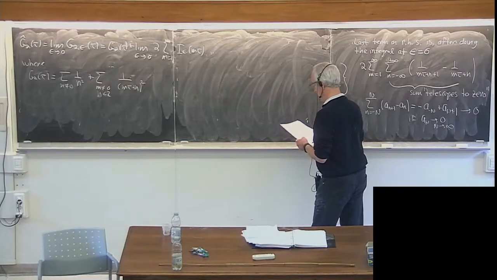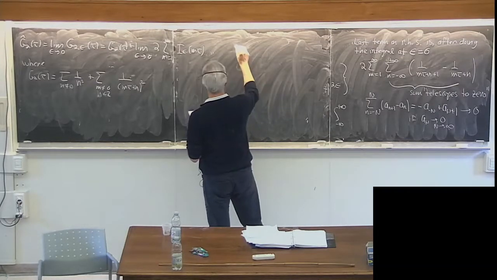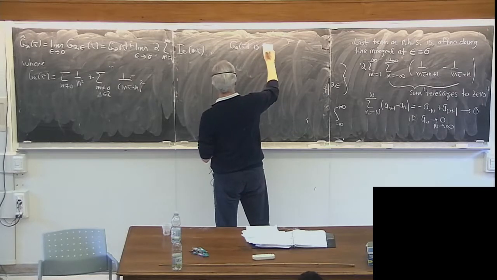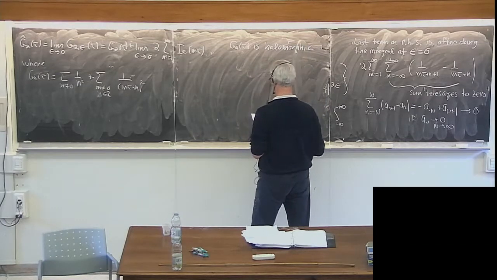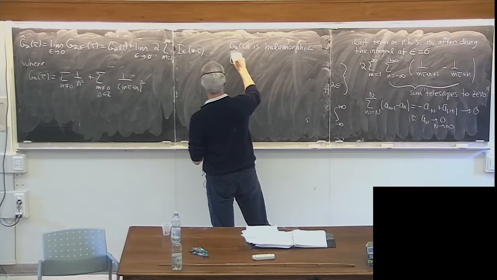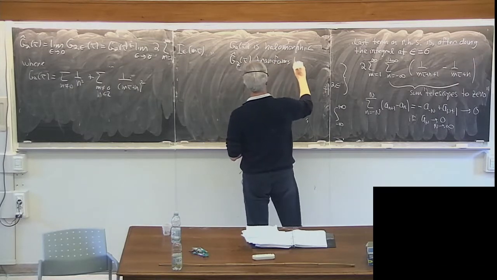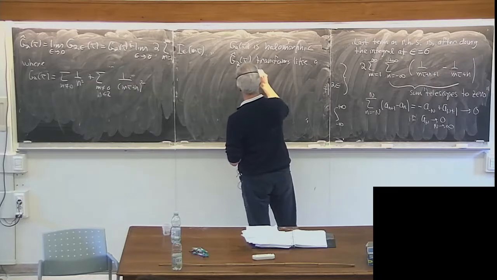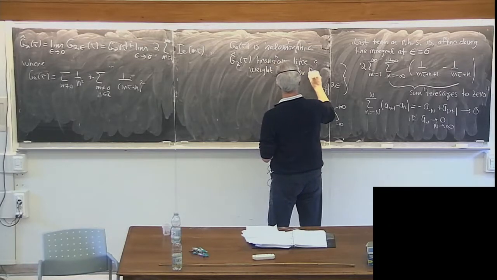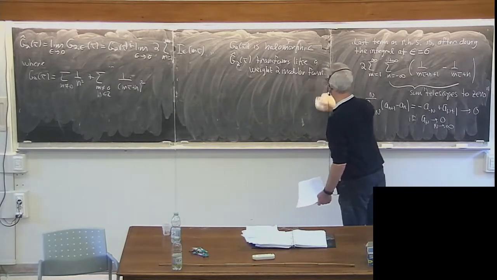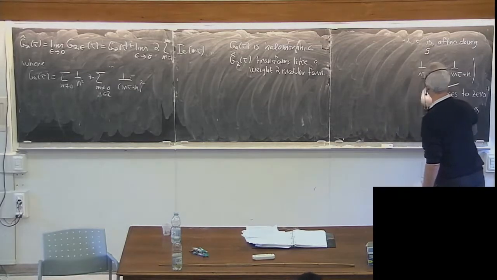So we have a situation here where g2 of tau is holomorphic, but it's g2 hat of tau that transforms like a weight 2 modular form, because it transformed like that for finite epsilon, and then we took epsilon goes to 0.